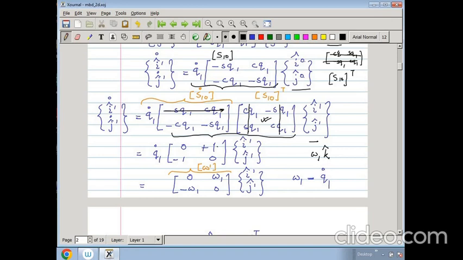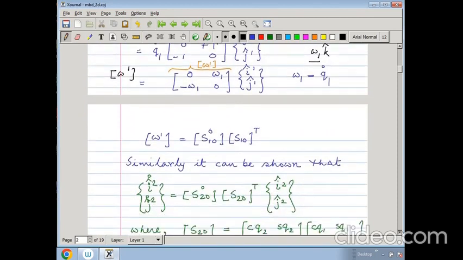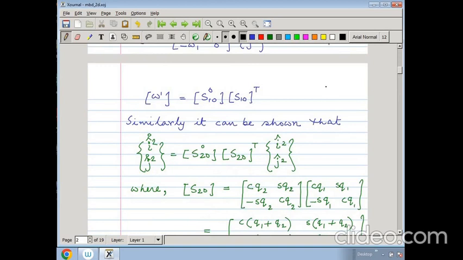So the vectors are all in the k direction, and this is the omega 1 matrix. For the matrix we will write omega 1, that means the omega matrix of body 1. So omega can be written as a vector, or it can also be written as a matrix, and if it is written as a vector, the magnitude of the vector is q1 dot.